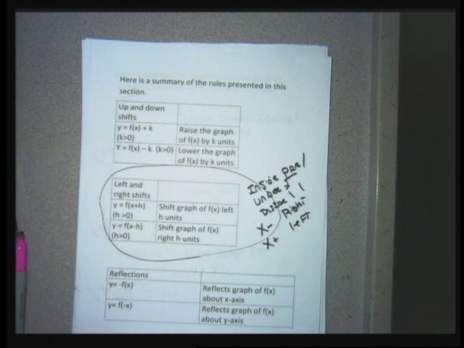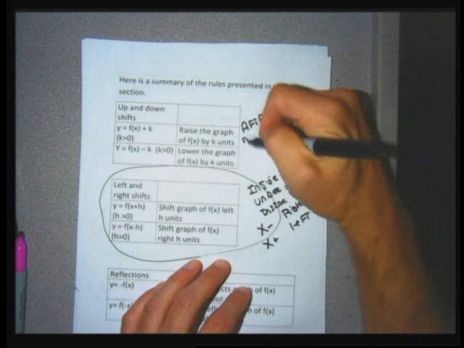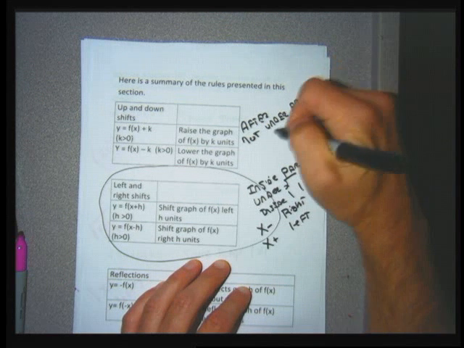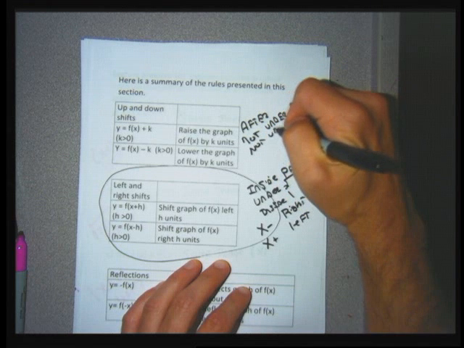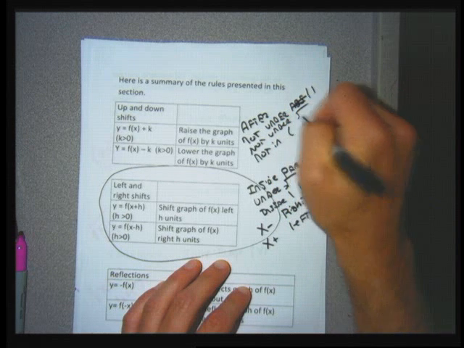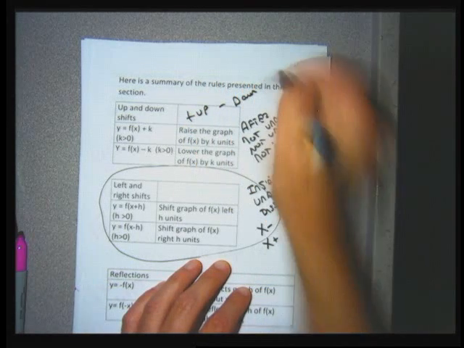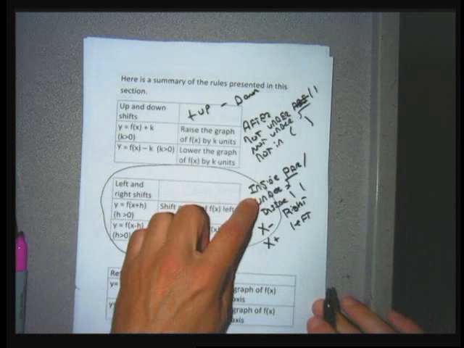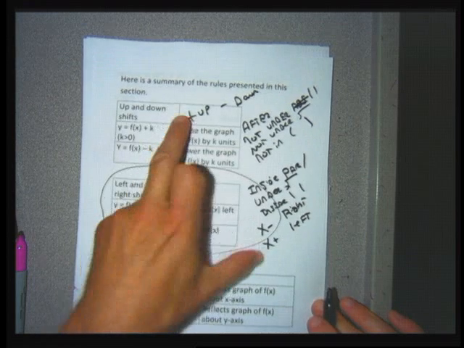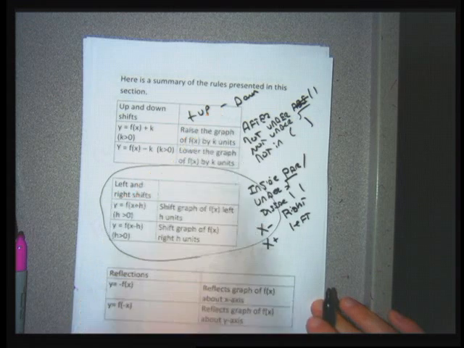So after, not under the absolute value, not under a square root, and not in a parentheses, but after, plus moves up, minus moves it down. Whereas the second box says from inside a parentheses, under a square root, inside an absolute value, minus moves it right, plus moves it left. So plus can go left or it can go up, minus can go down or it can go right, depending on where that minus or plus is.